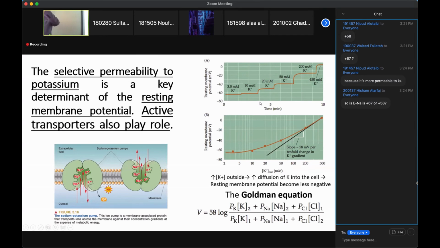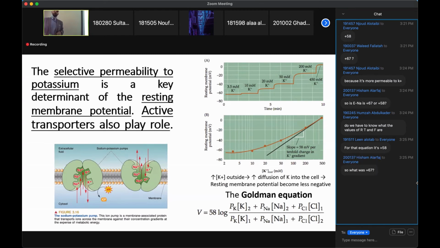And this is what scientists did: they did an experiment where increasing the concentration of potassium in the extracellular media, outside of the cell, tends to bring the membrane into a more positive value, okay? And so this is basically the ionic basis of the establishment of the resting membrane potential. There is another formula, which is called the Goldman equation.